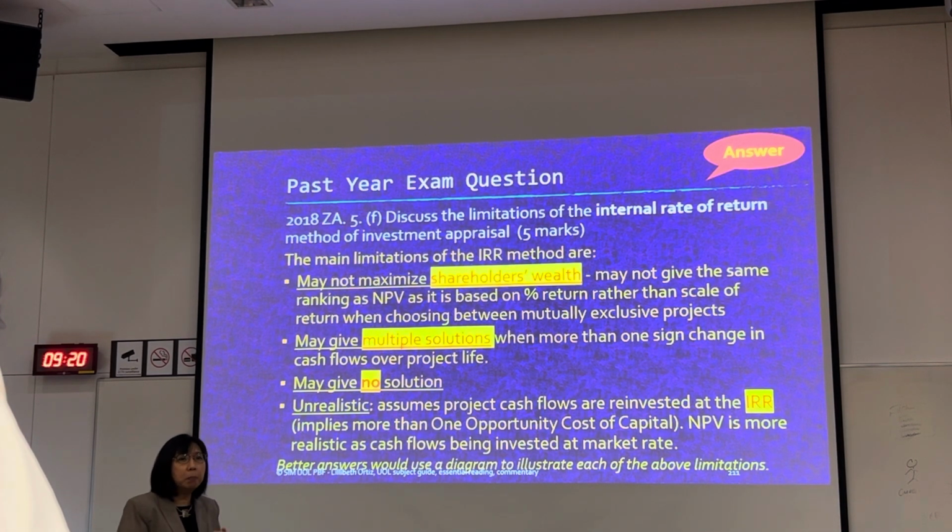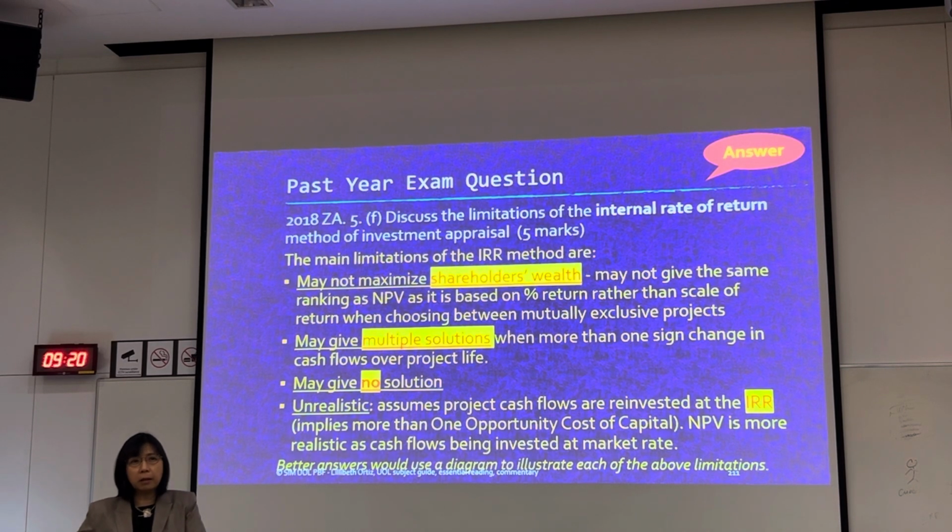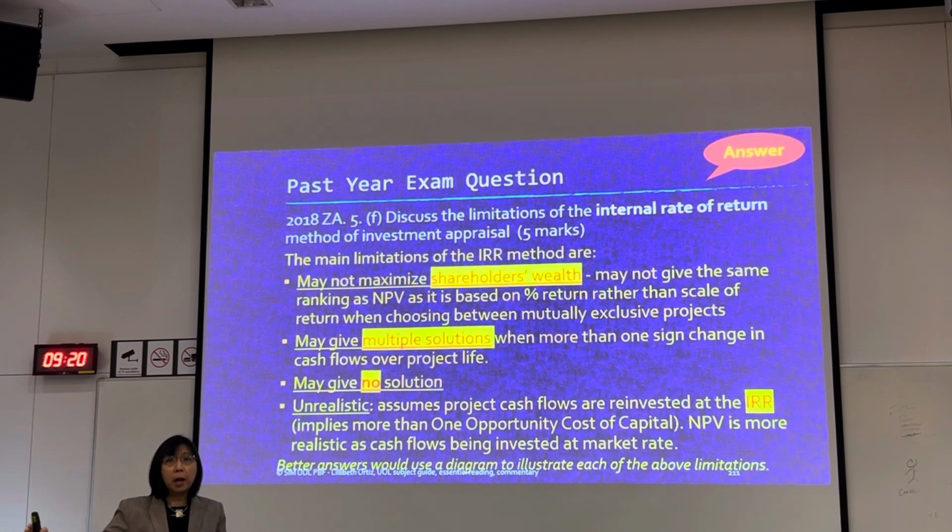Another thing is an implicit assumption when you're using the IRR method, that you're reinvesting these cash flows using the same IRR. Right? But in reality, you don't go out in the market and get that same IRR as your project. For similar risk, you'll get the opportunity cost of capital as the amount that you can get in the market.